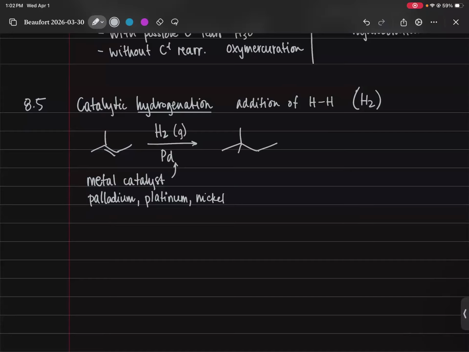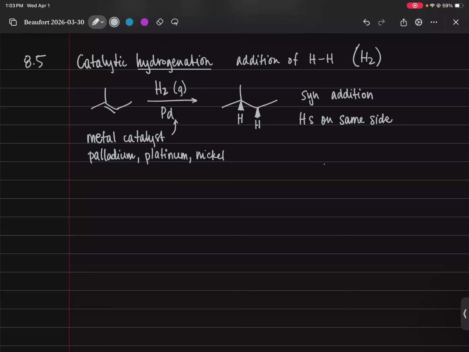But we can also be a little bit more specific and say that both of the hydrogens in this particular process end up on the same side of the molecule. There is an explanation for this.